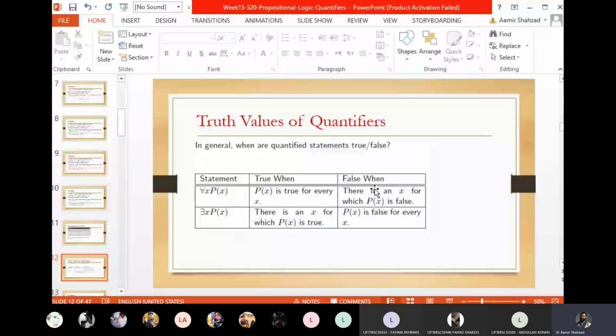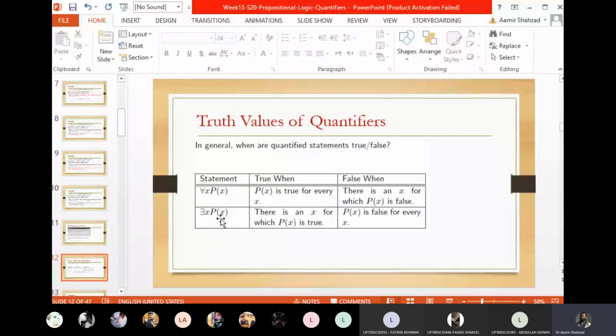यहाँ पे देखेंगे जब हम इसकी negation करते हैं. Negation means false. Universal quantifier जब false होता है, we are looking for some value for which p of x is false. Means there exists some x for which p of x is false. So universal quantifier की जब negation होती है, we have existential quantifier.